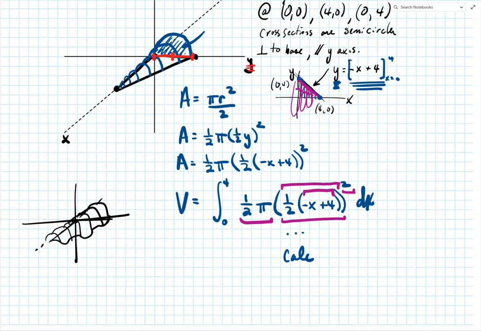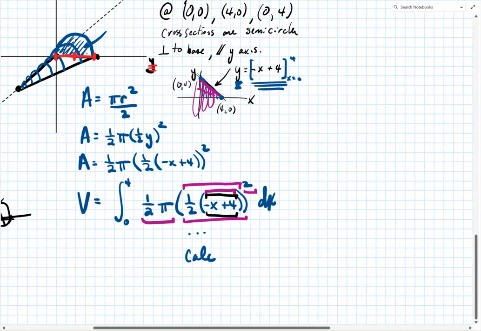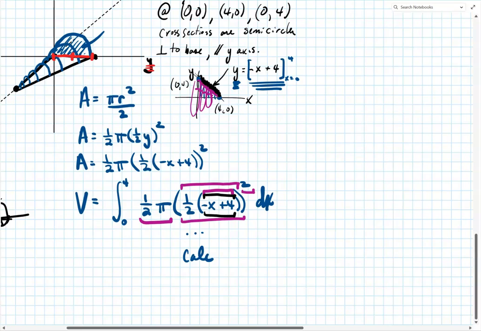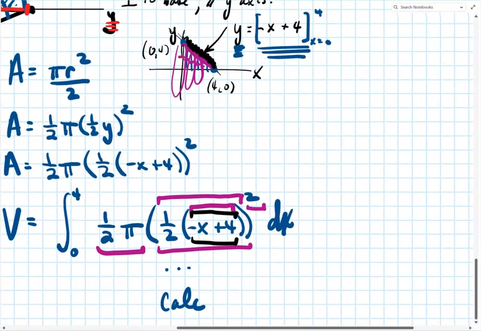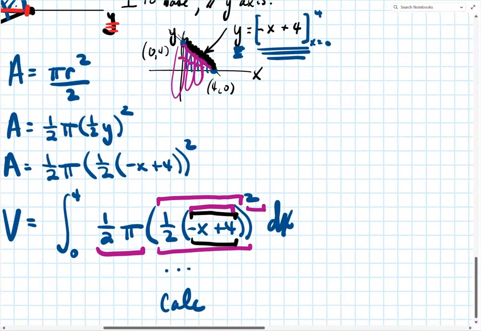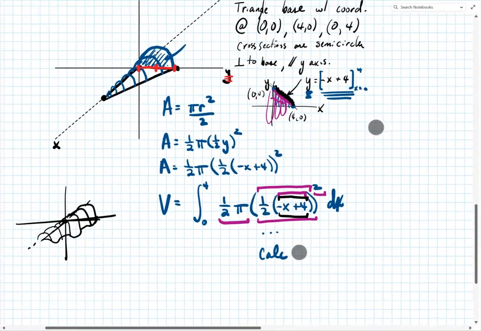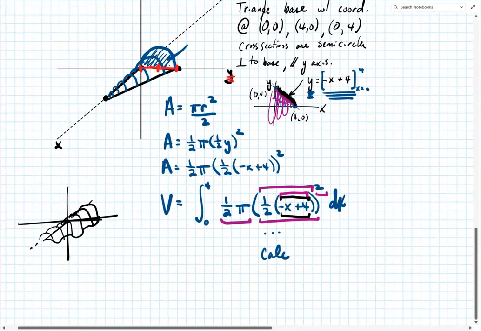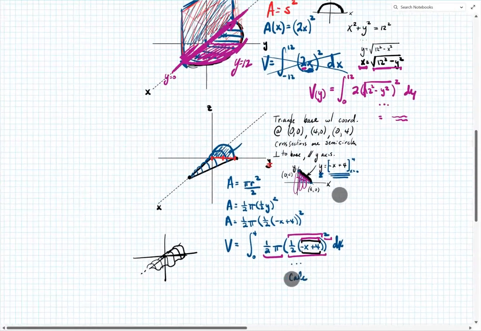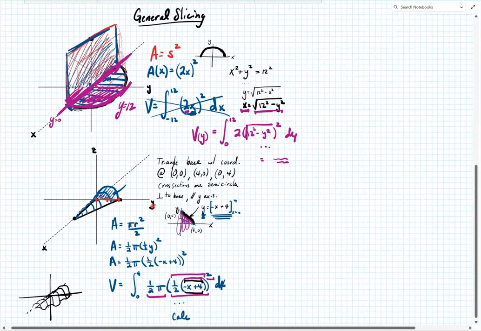That can be accounted for with simply a new equation right here that describes the boundary line that we're facing in this region too. So some small tweaks can change the volume and compute the volume for a different shape. And I think that's pretty neat. That's kind of a neat little trick that we can employ with our slicing method in calculus.